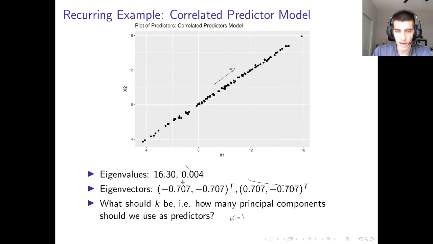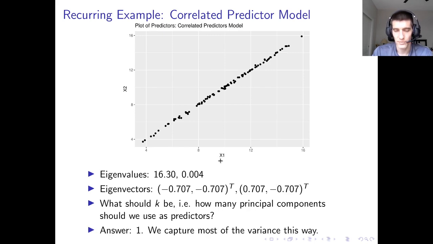Because this has a high eigenvalue, and this direction has a low eigenvalue, I would say trash it, and then I would get rid of the degeneracy, reducing from 2 predictors to 1 predictor, where my 1 predictor is now in the high variance direction. Okay, so the idea is we capture most of the variance in the predictors this way, and we're discarding the rest.